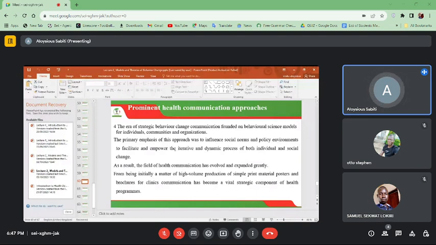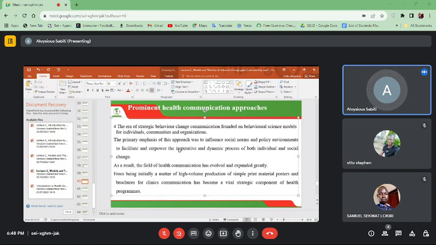So if you did a behavior change communication approach, you'll be able to have an influence on the social norms. Why an influence on the social norms? Because they are actually the main causes of why individuals have problems with access to certain health services.